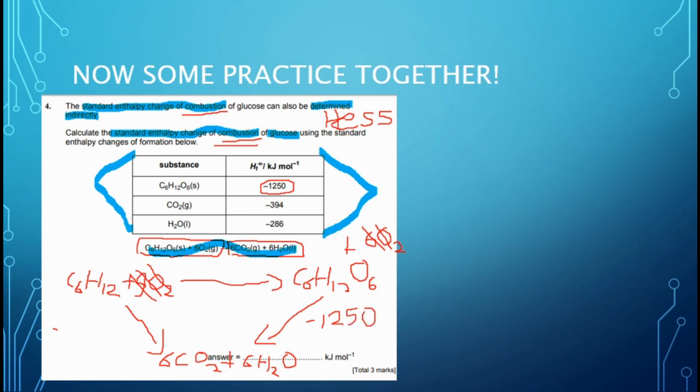Now we also have CO2 and H2O. So you're wondering, how can I work that out? You have your CO2 here, you have your H2O here. Each of them have a value of 6.